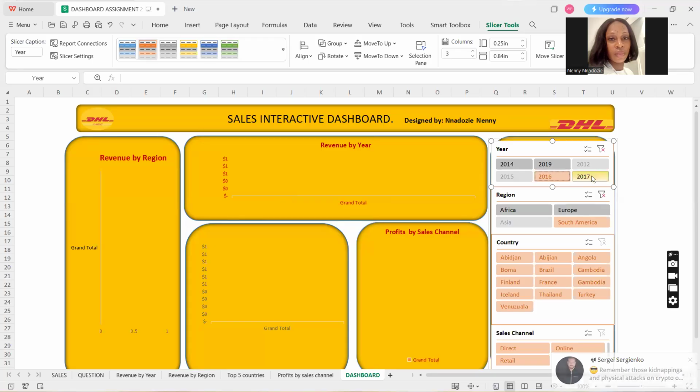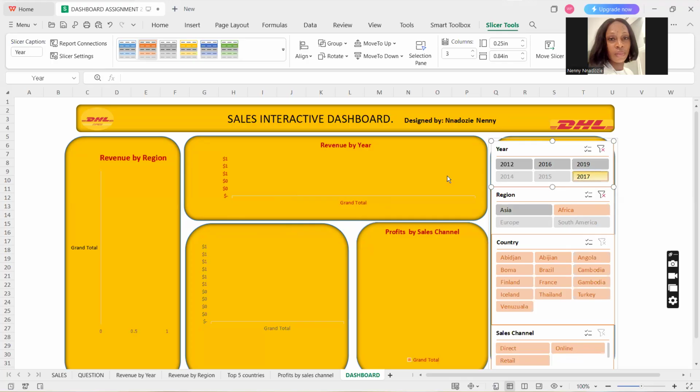Then I said in 2017, we are checking the profit that Africa made. So it's obvious Africa didn't make any sales by region or sales by country, and nobody utilized any sales channel.